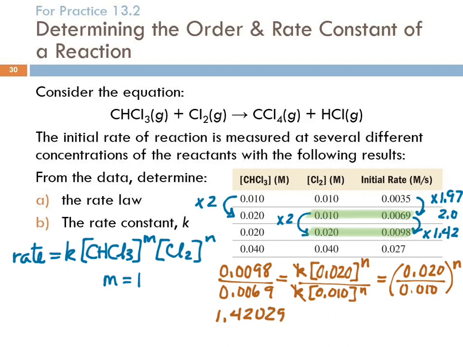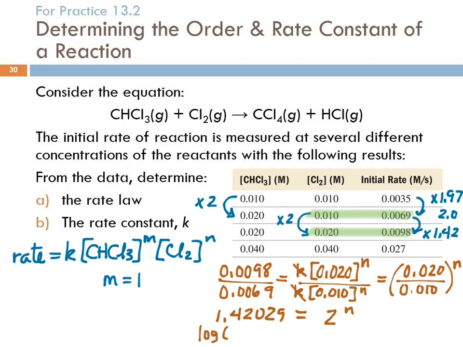You don't have to write everything your calculator throws out at you, just write more than the number of sig figs. And 0.02 divided by 0.01 is what? 2. 2 to the n. So let's just double check that. Yeah, it's 2.